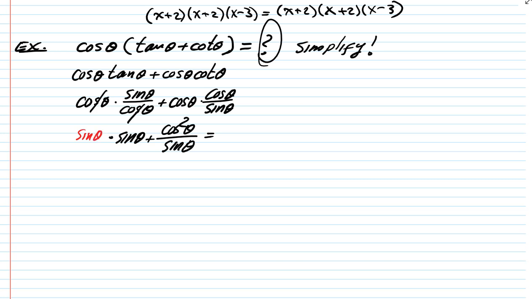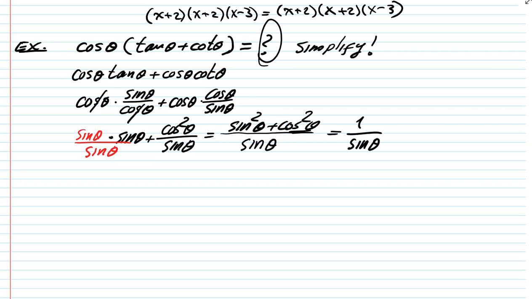Multiply by sine theta, divide by sine theta. And now my LCD is sine theta. In the numerator, I get sine squared plus cosine squared. And we know what that is, right? That's 1. Pythagorean identity. And what is 1 over sine? The reciprocal identity for cosecant. And I'm done. And there you go.